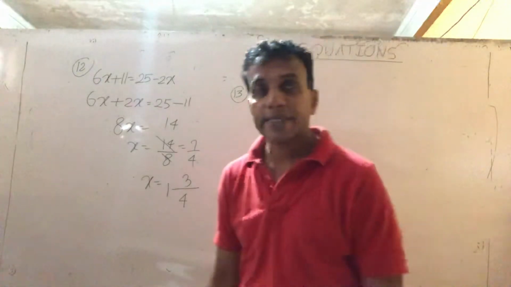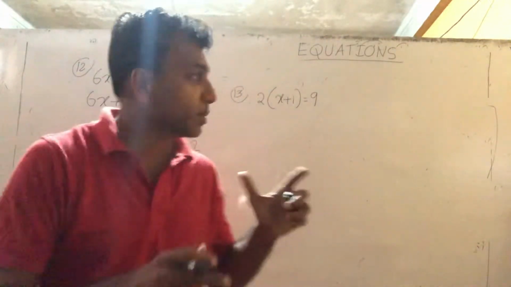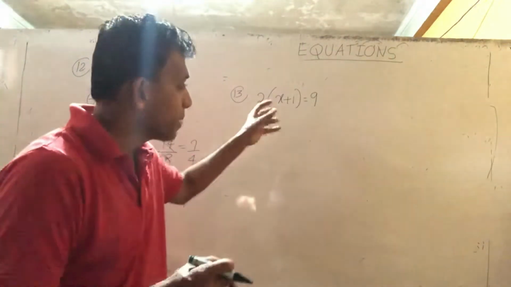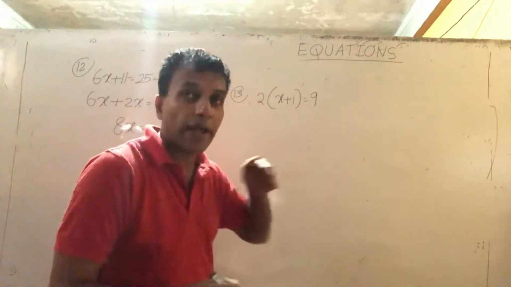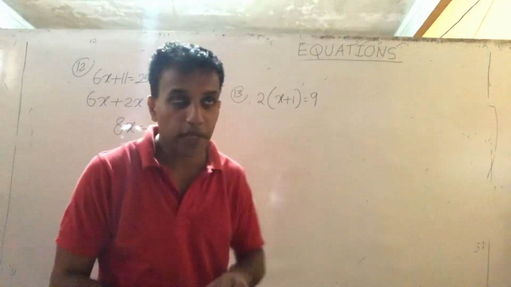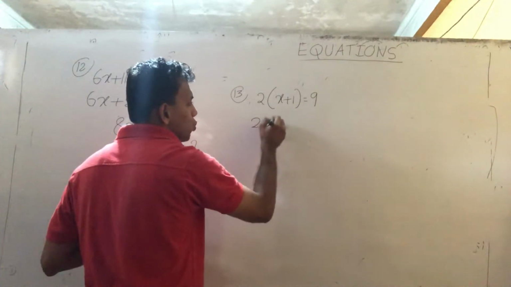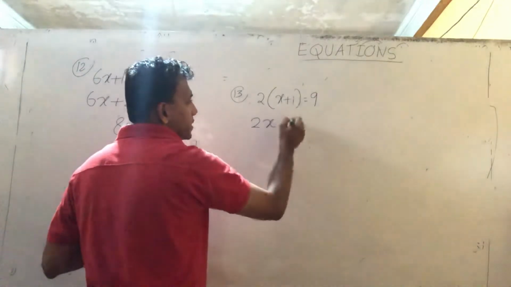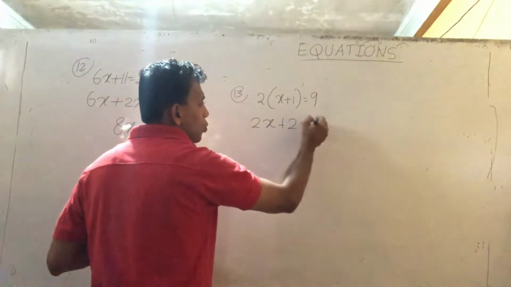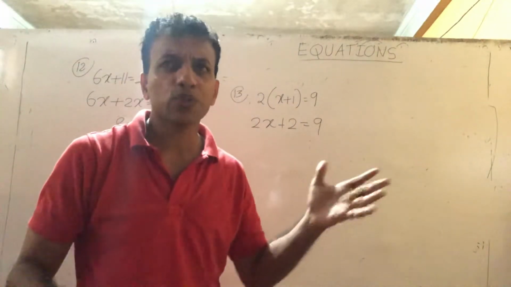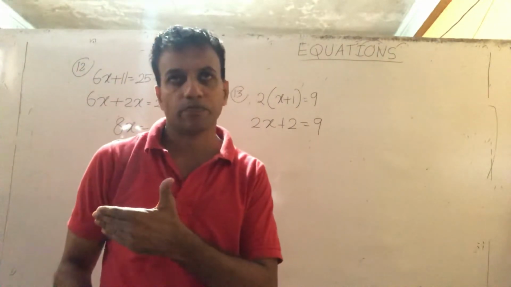So what is the x answer here? A bracket. First time I am showing the bracket format. Usually, if there's a bracket, multiply the bracket by the number. So multiply by 2. 2 times x is 2x, 1 times 2, equals 9. So the bracket is removed, now like the previous method.